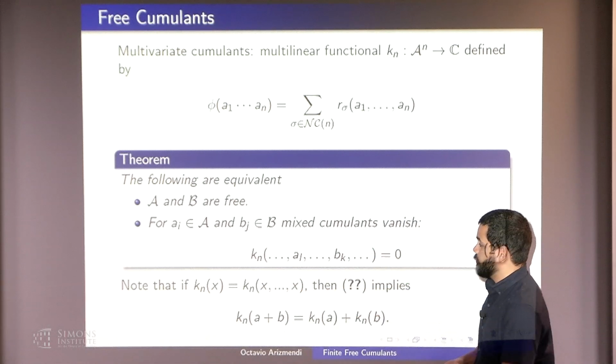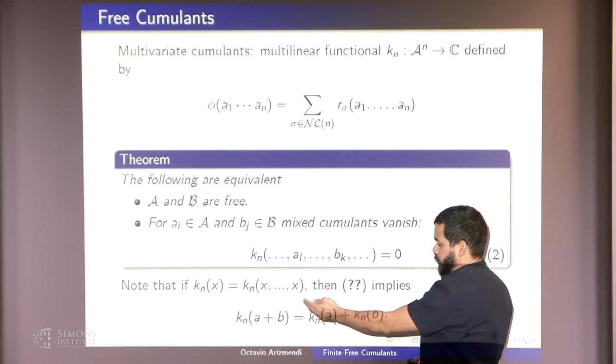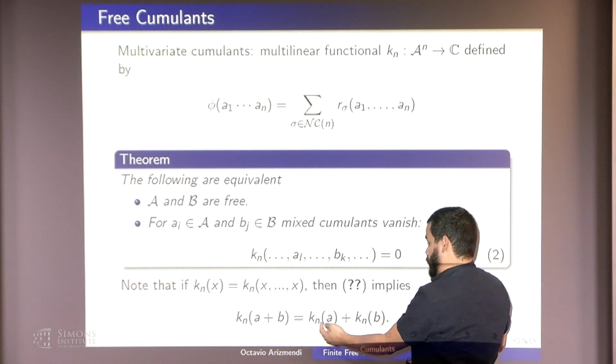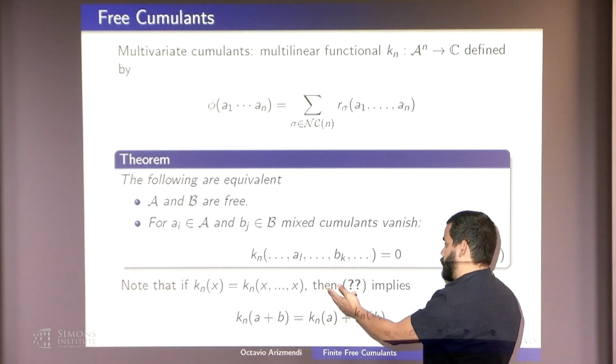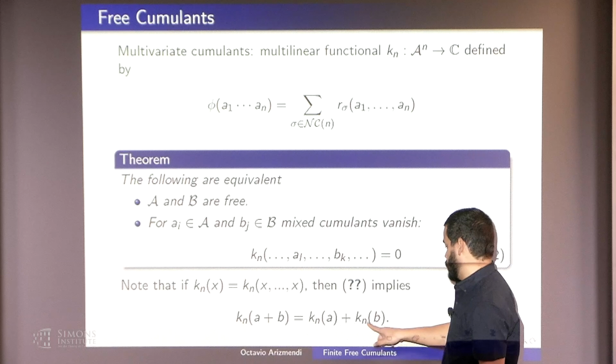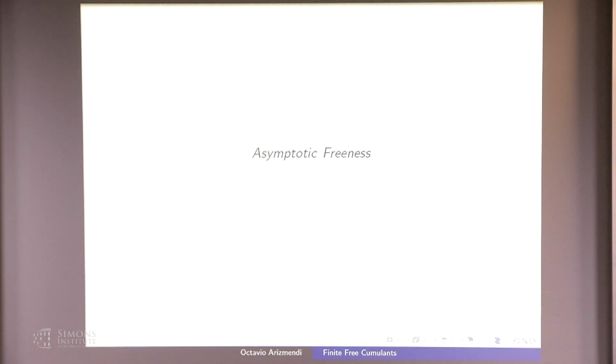What I'm saying here is that in particular, if I have only A's, and I take K_n of A plus B, then by the multilinearity of the cumulants I will have this relation. So this is more general than the previous one.